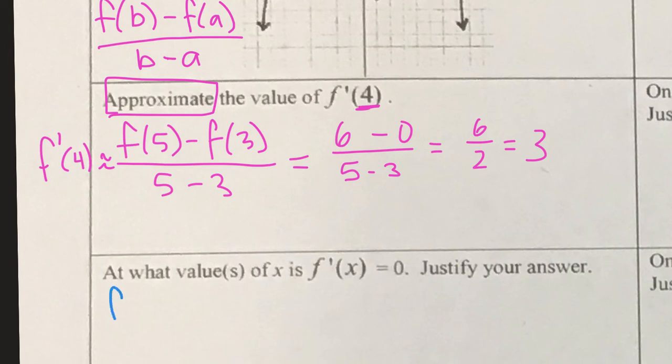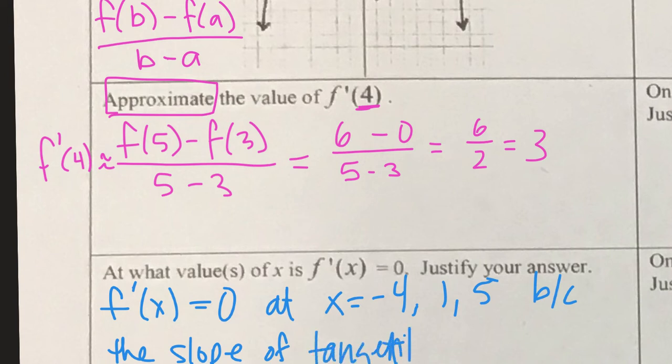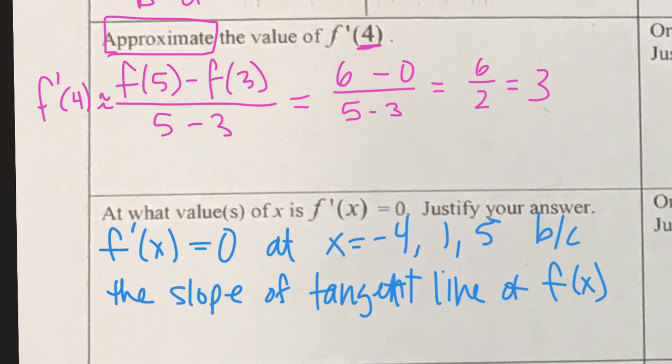So we write f prime of x equals 0 at x equals negative 4, positive 1, and positive 5, because the slope of the horizontal tangent line of f is 0.